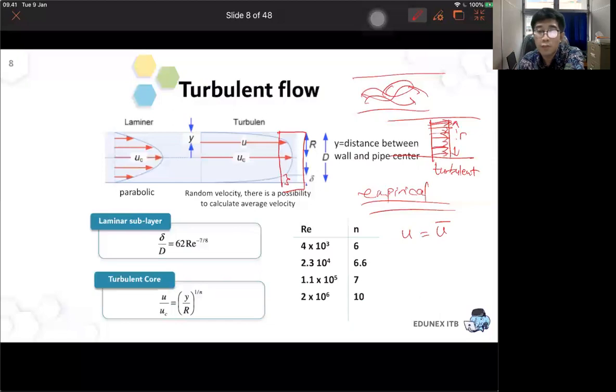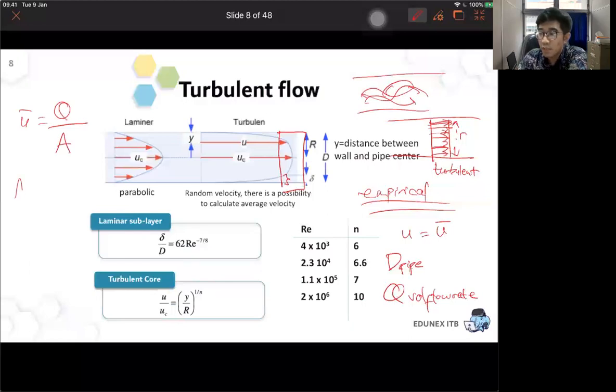How to calculate average velocity? If you know the diameter of the pipe and the volumetric flow rate, the average velocity will be the volumetric flow rate divided by A. A will be this one, right?